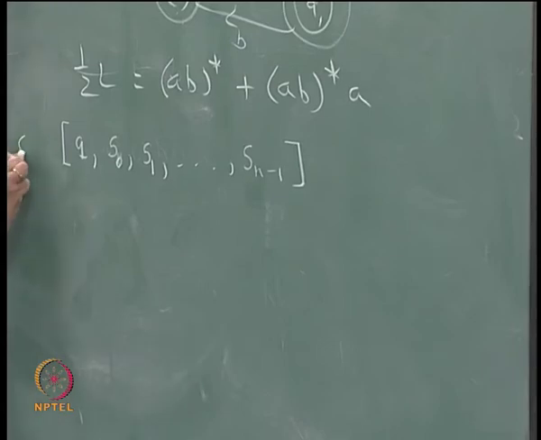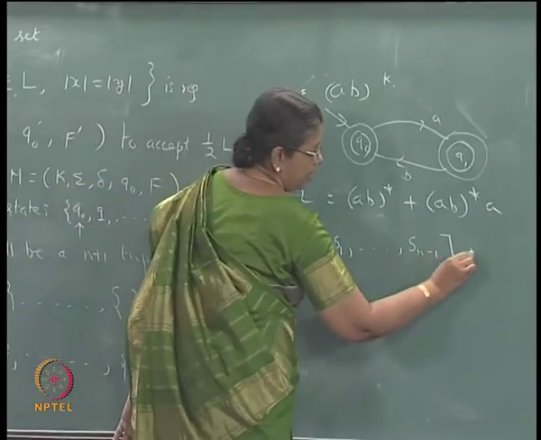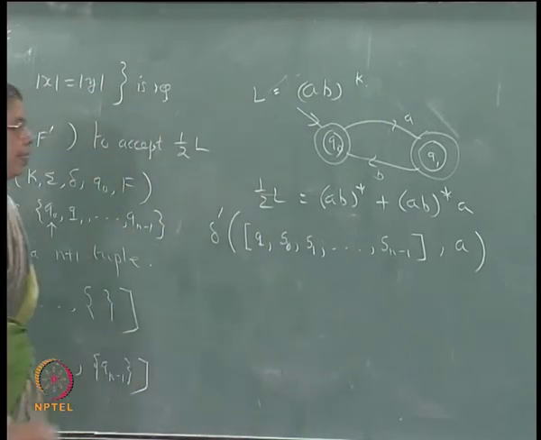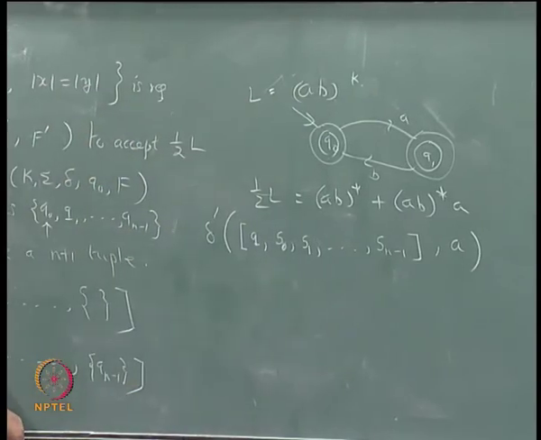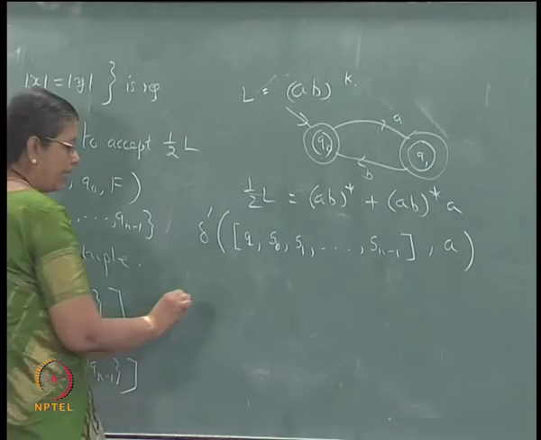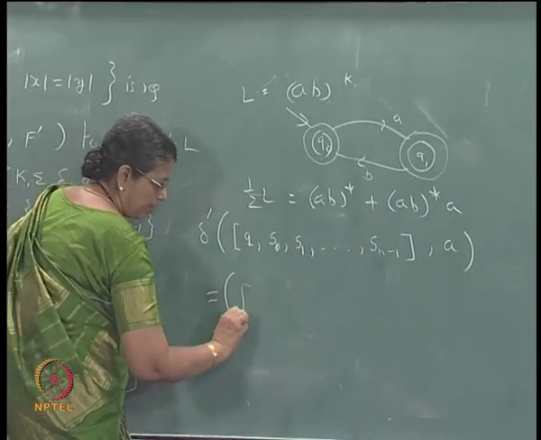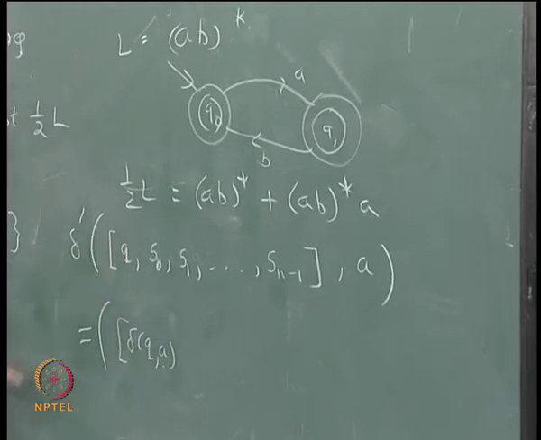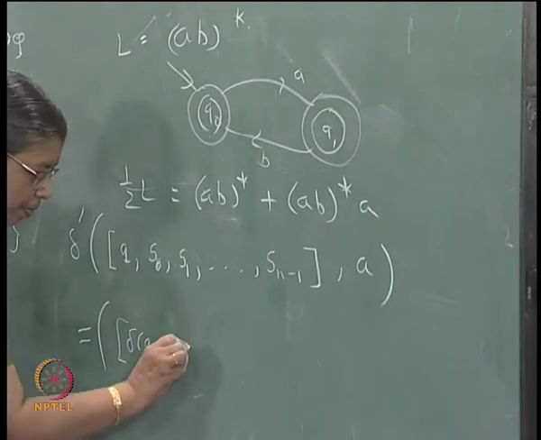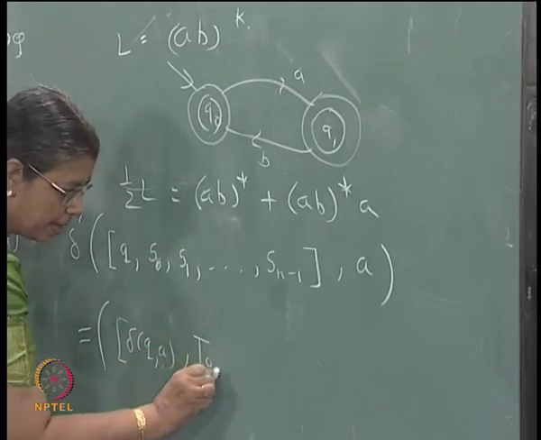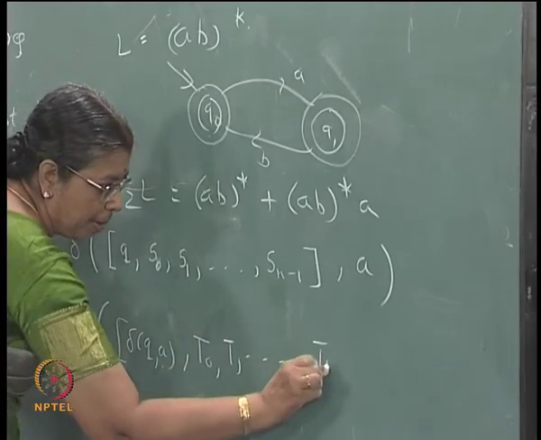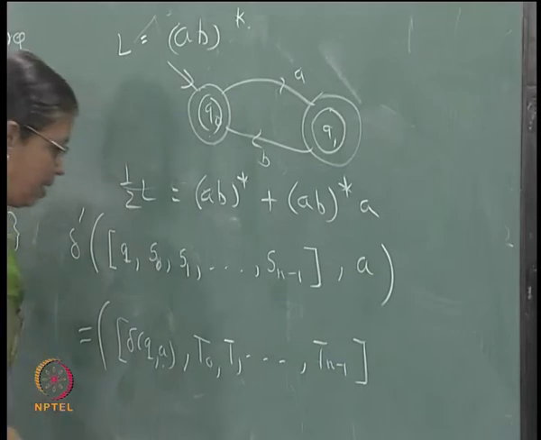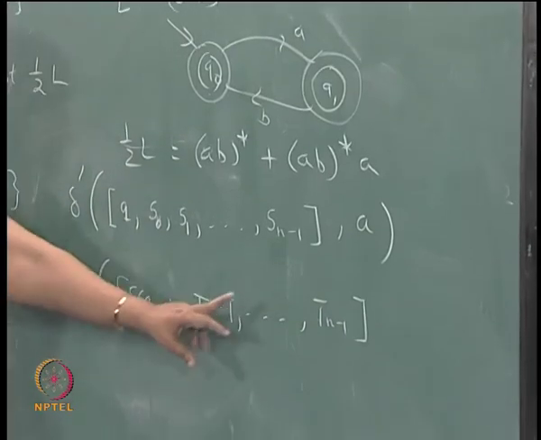And how do you define delta dash on a symbol A? The first component will be delta of Q, A. From Q, if you read A, you go to state P, represented by delta of Q, A. And here you will go to T0, T1, up to Tn minus 1, which will be subsets. How are these subsets defined?